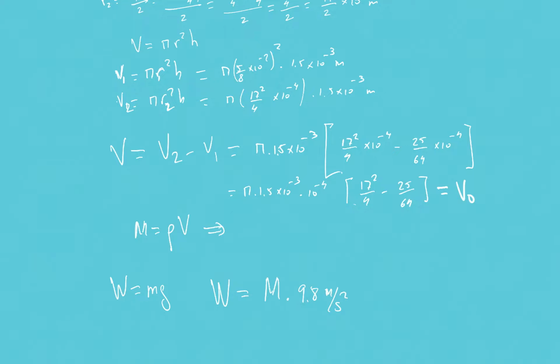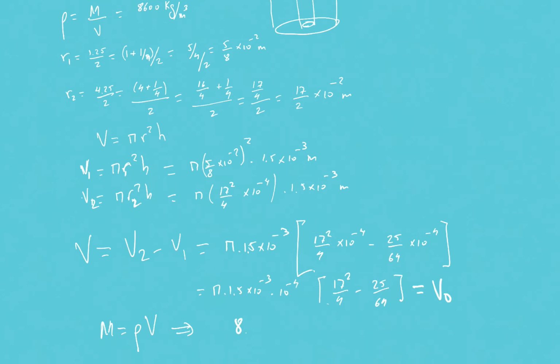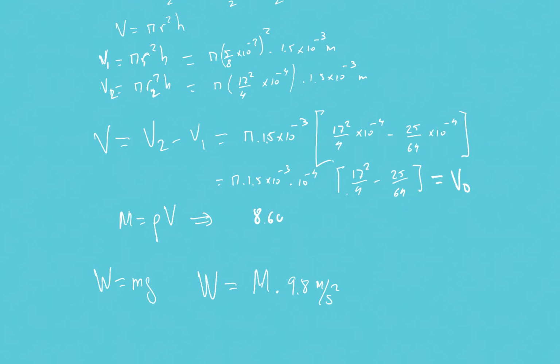So the mass will be the density, rho, 8,600 kilograms per meter cube, multiplied by the volume V0 in meters cube. So meter cube will cancel, and I will have the total mass of 8,600 by V0. This multiplication will be the total mass in kilograms.